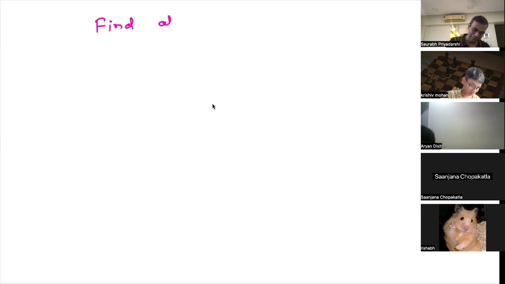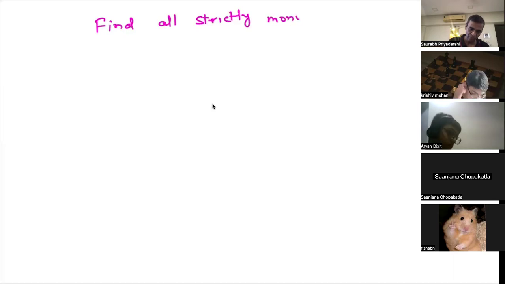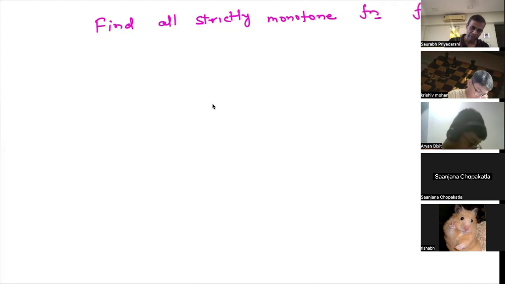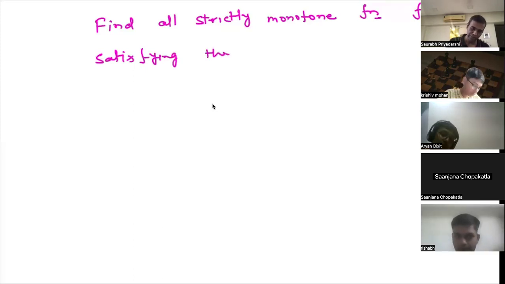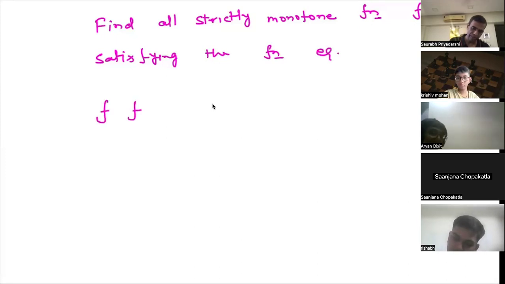Fine. All strictly increasing or decreasing monotonic functions f from R to R satisfying the functional equation f of (f(x) plus y) is equal to f of x plus y plus f(0).